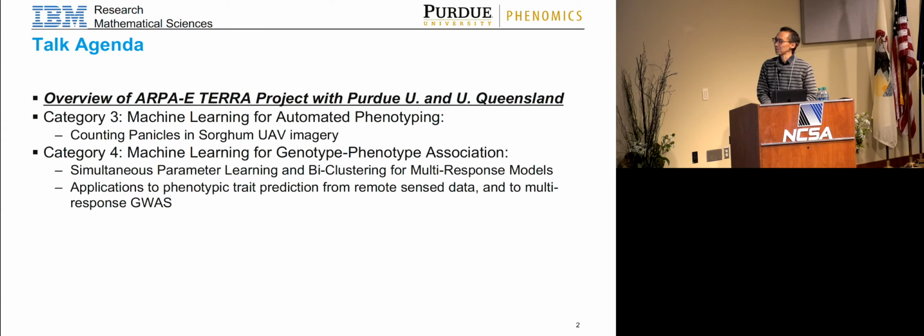The first part has to do with the machine learning work we did for automated phenotyping, and a particular phenotype that we pay attention to. And the second part has to do with the machine learning work that we did for genotype-phenotype association, where we developed a novel approach or algorithm to do simultaneous learning and clustering, as applied to multi-response GWAS and trait prediction.